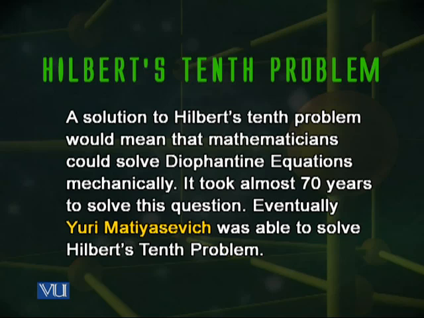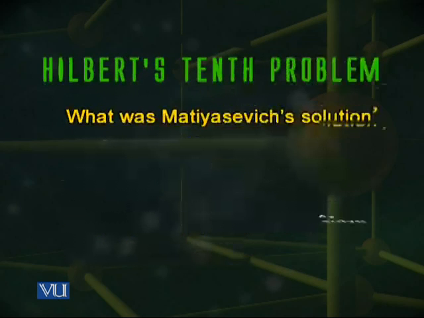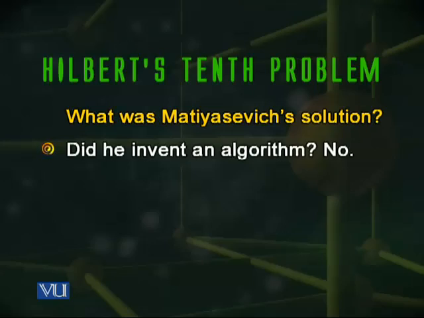It took 70 years to solve this question, and Matiyasevich was able to solve Hilbert's 10th problem. What was Matiyasevich's solution? Did he invent an algorithm? No. Matiyasevich did not invent an algorithm which could tell you whether a Diophantine equation had a solution or not. So how did Matiyasevich solve Hilbert's problem?